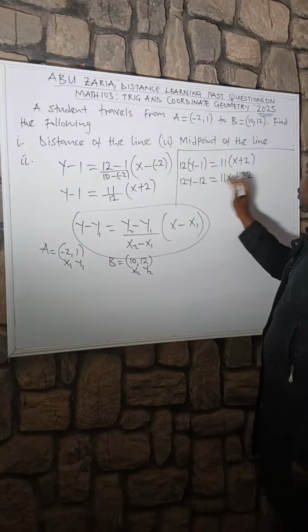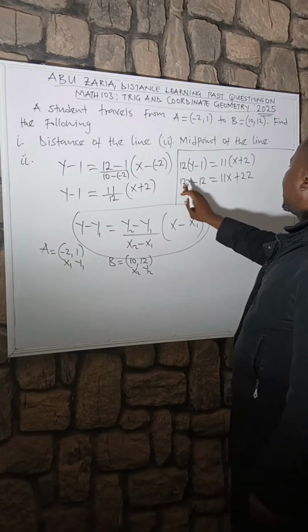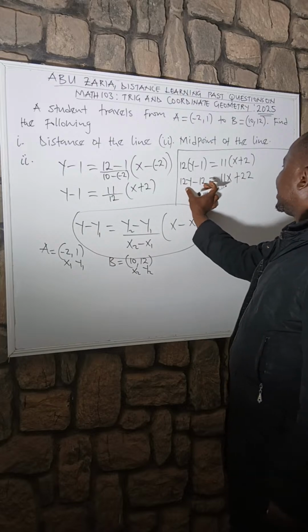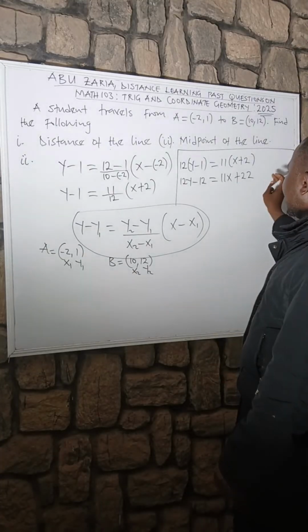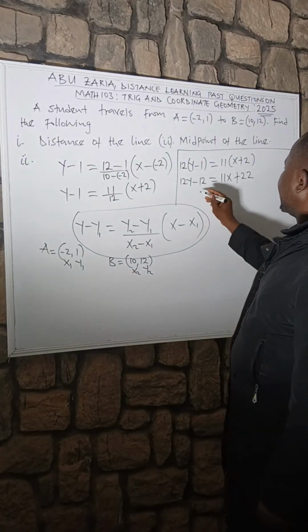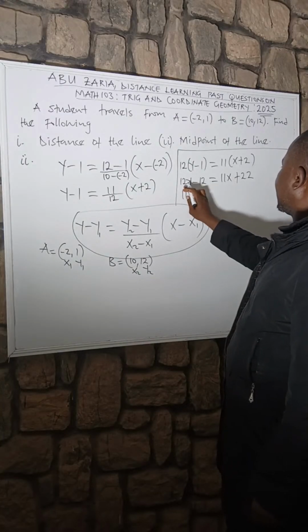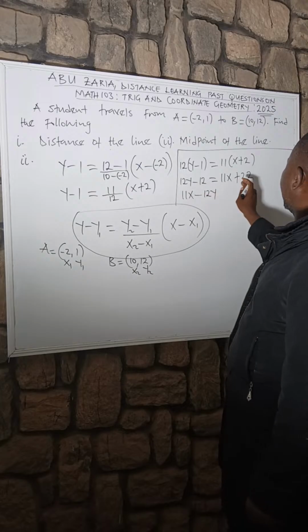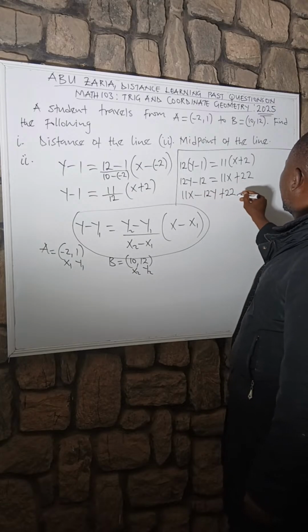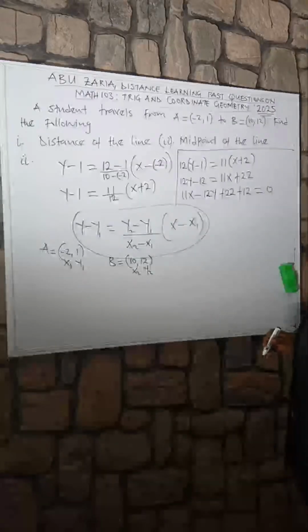So the line will now be either this one crosses the side, this one at the left will come and meet the one at the right hand side. So here will now be 11x minus, this one crosses the side, equal to minus 12y, then plus 22, then this minus 12 equals to the midpoint of the.